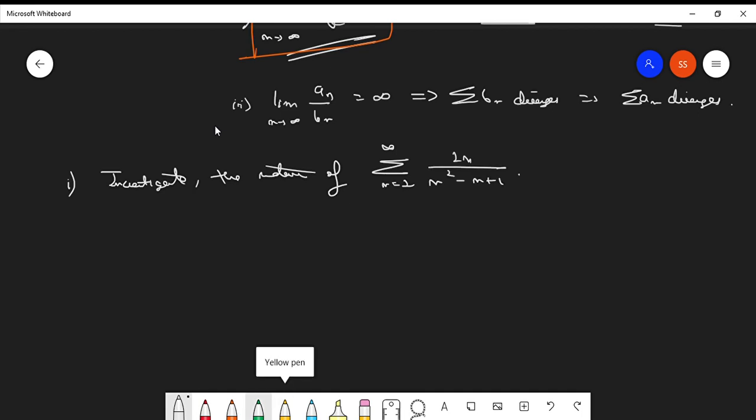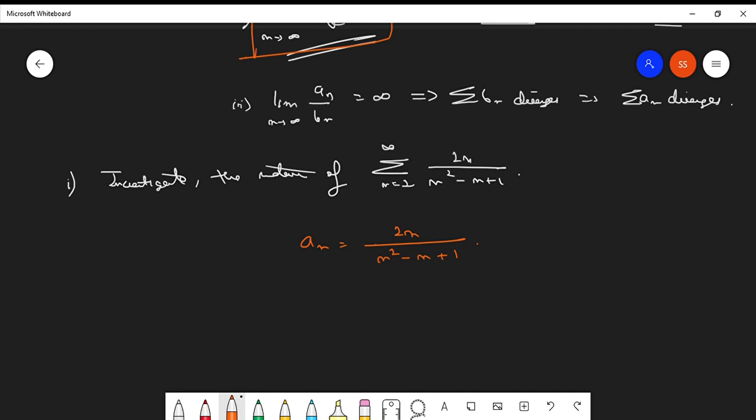Now when you are given a series whose nth term is a rational function, that is, an here is 2n over n square minus n plus 1, clear? This is a rational function. So we need to check only the highest powers of the numerator as well as the denominator when applying the limit n tends to infinity.